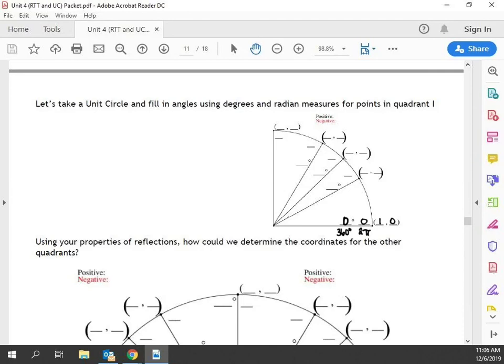And like I said, we're only going to be dealing with 30, 45, or 60 in this matter. So the next angle up is going to be 30. What's 30 degrees in radians? Pi over 6. Using the triangles that we put together earlier, what is the x-coordinate of 30 degrees?